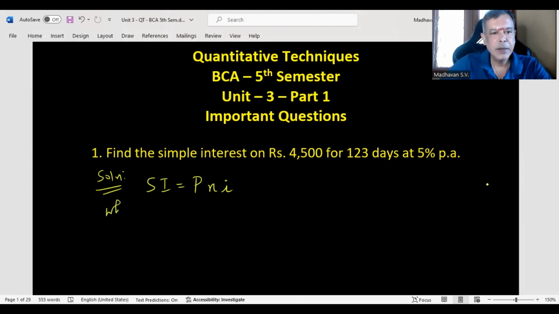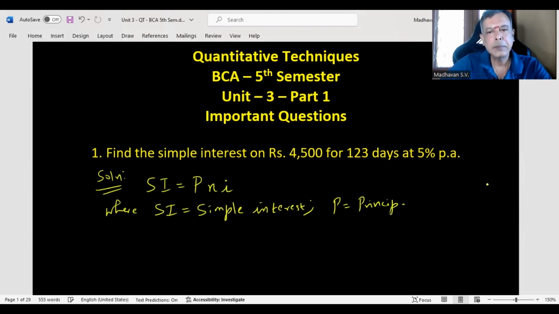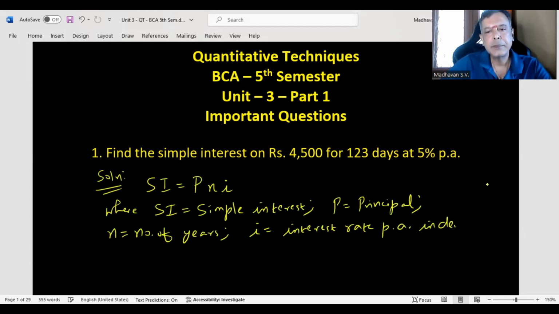So let me write where SI is simple interest, P is the principal, N is number of years, I is interest rate per annum in decimal.